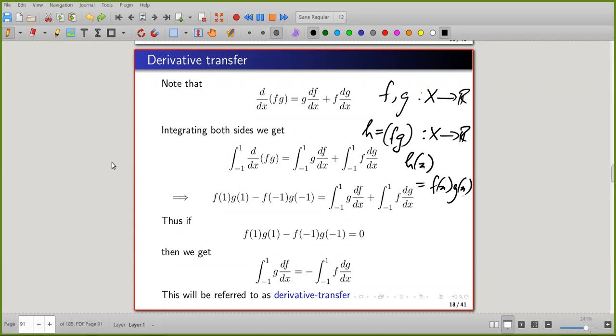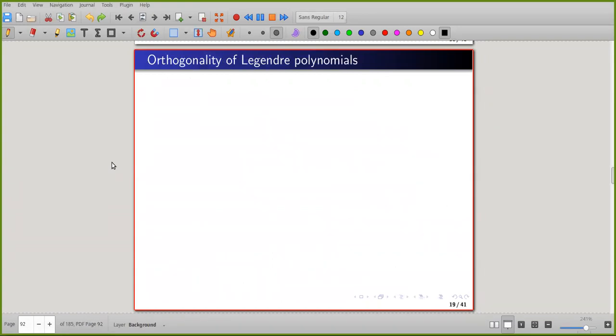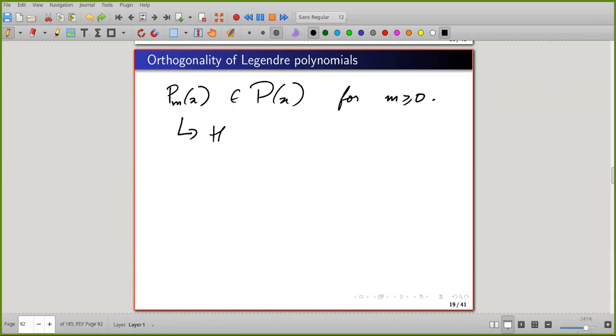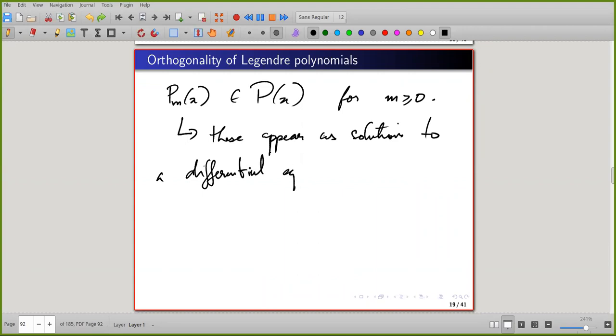Okay, so let's go ahead. So what have we done so far? We have defined some polynomials P_m of x. These are the Legendre polynomials, polynomials for each m greater than or equal to 0. These appear as solutions to differential equations.